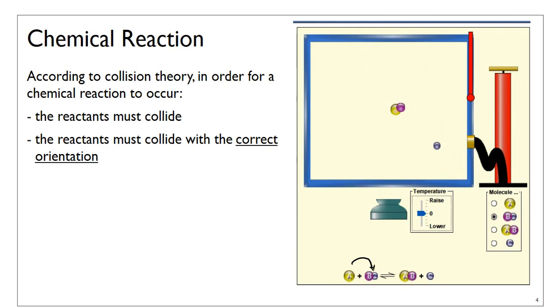So A has to hit the bond where B and C are bonding to each other in order for this bond to break and in order for new bonds to form. So you need to have a correct orientation of the collision, which is why these two need to collide a few times with different orientations, and then one of them actually gets to the product.